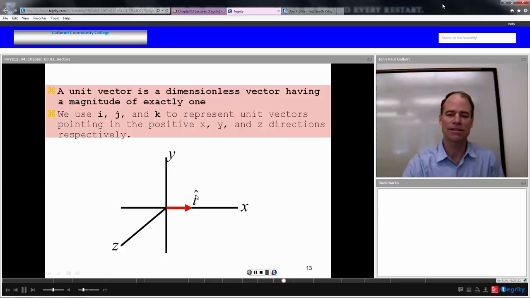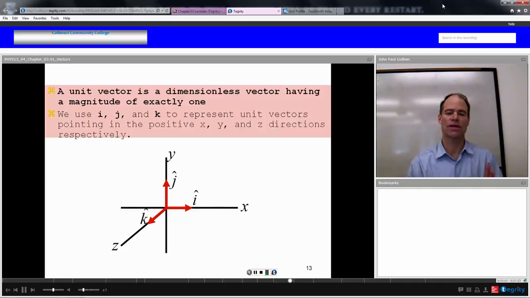Since it's only magnitude 1, we indicate our unit vectors not with an arrow, but with a hat. So a little hat just means it is indeed a unit vector of magnitude 1. i is in the x direction, j is in the y direction, and k is in the z direction.